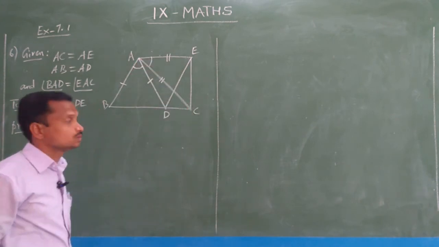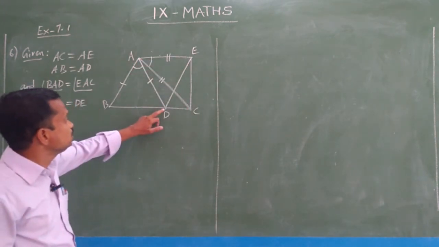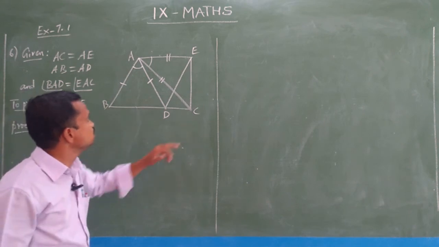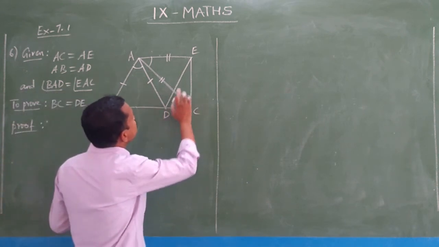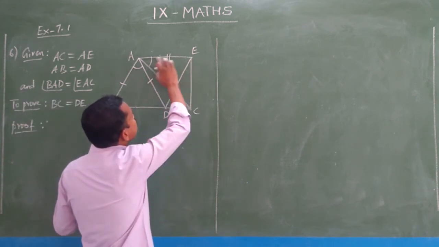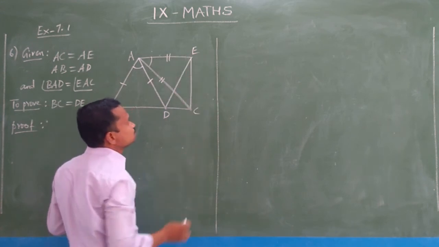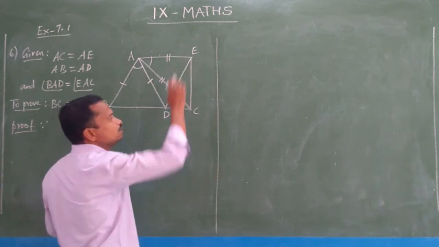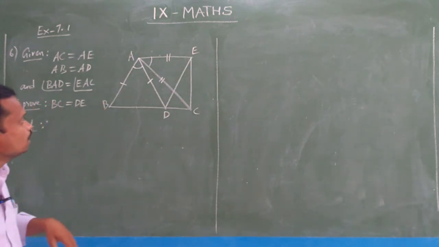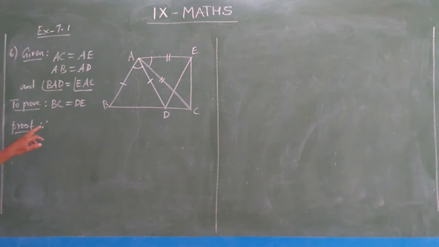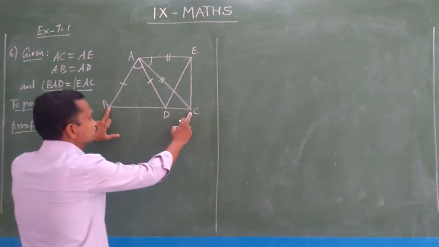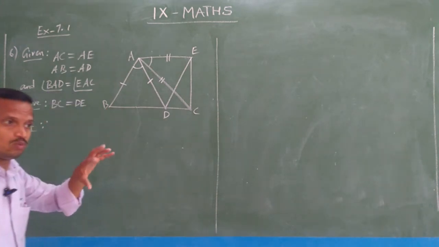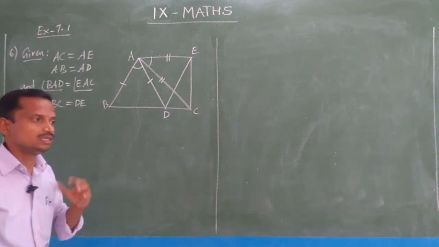D is a point on BC, and E is joined with C. AD, DE, everything is joined. The diagram is given, and the proof part is BC equal to DE. You have to compare the proof and the diagram. Then only we can get an idea.